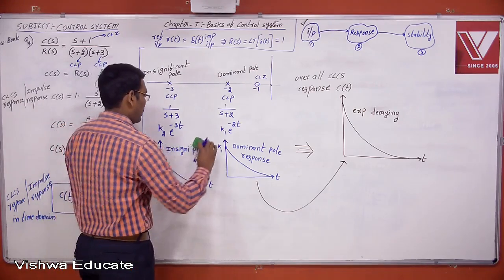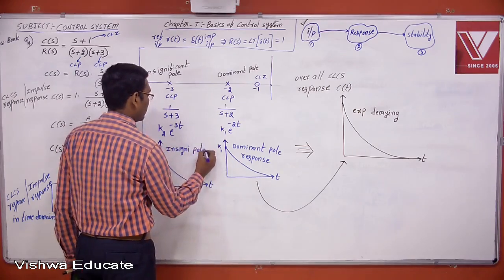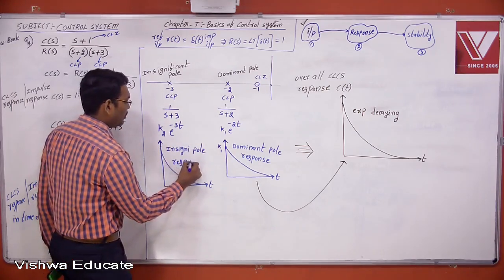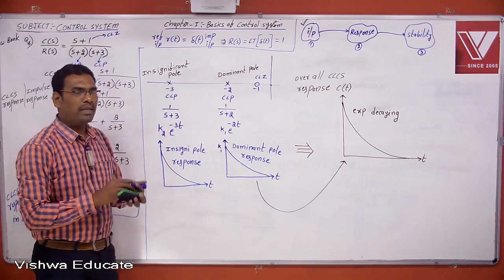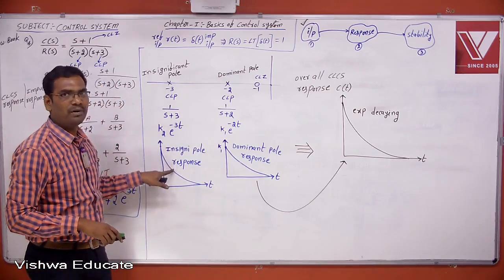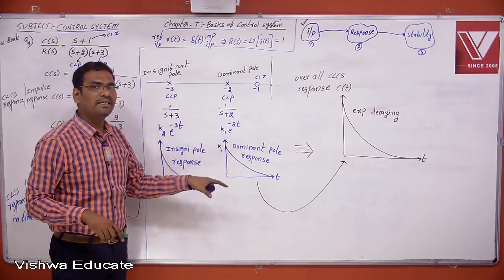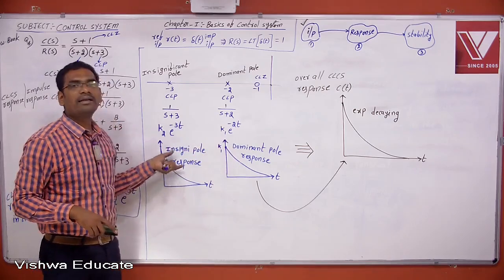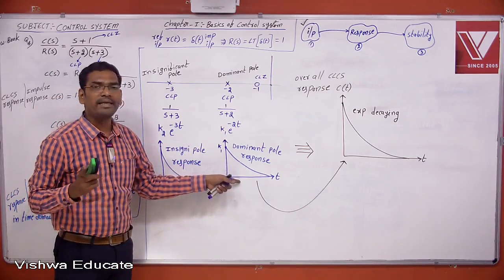This is the insignificant pole response. Then what is the insignificant pole doing? The insignificant pole response simply follows the dominant pole. That is the reason why, if you consider the insignificant pole, or if you do not consider it, the dominant pole response will not be disturbed.